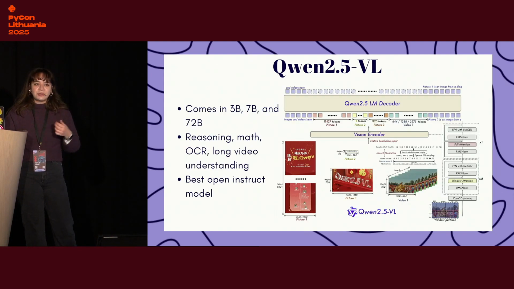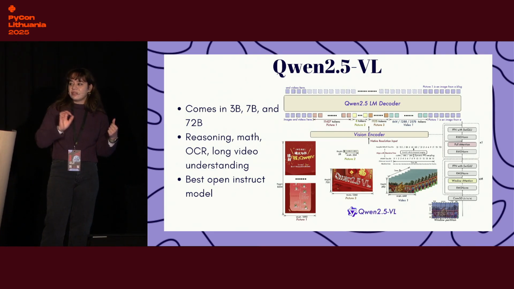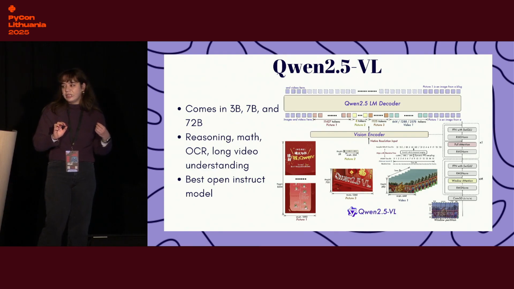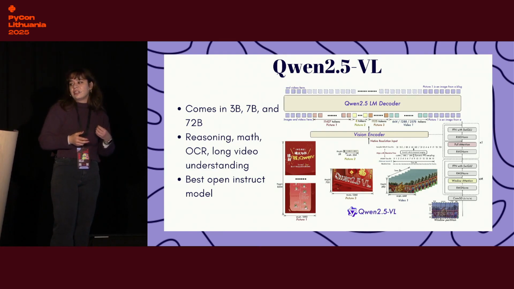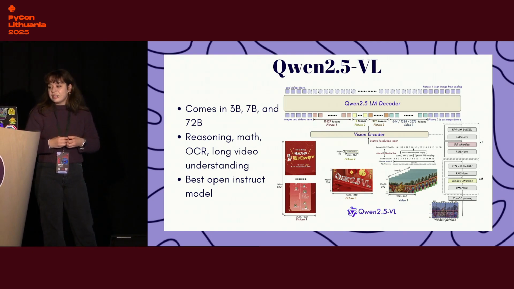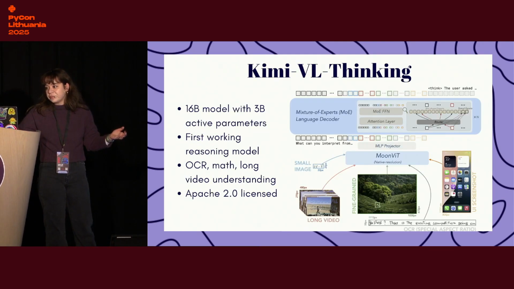And the newer version is Qwen2.5VL, and it comes in like 5 sizes, I think, like 3B, 7B, 72B. I think they recently released a 38B one, and it can do reasoning, math, OCR, long video understanding, some agentic capabilities, and it is the best open instruct model, basically.